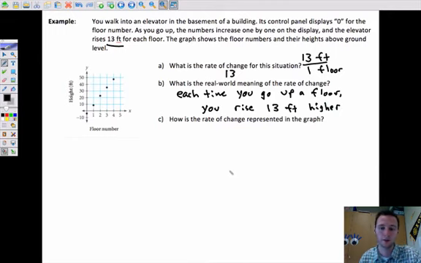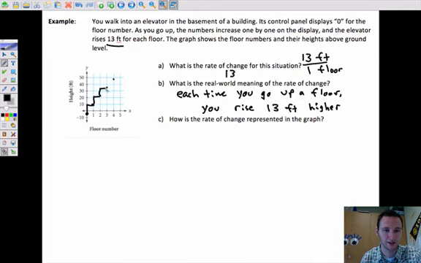Okay. So then how is this rate of change represented in the graph? If we look at this graph, we can see that we kind of start here at the 0th floor, and it looks like we're kind of starting underground, but we know that the rate of change is 13, so that means that I rise 13 feet every time I go up one floor. I rise 13 more feet every time I go up the next floor.